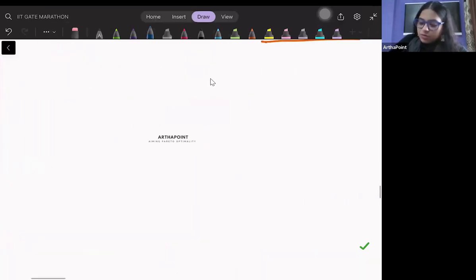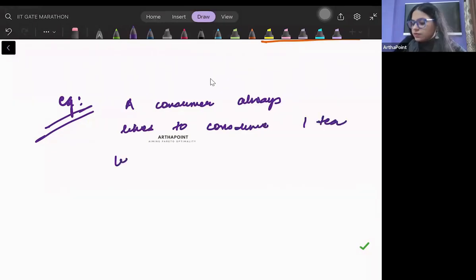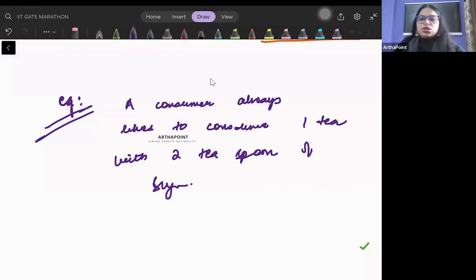So for example, if you are given that a consumer always likes to consume one tea with 2 teaspoons of sugar. ऐसा कुछ दे दिया, हाँ?